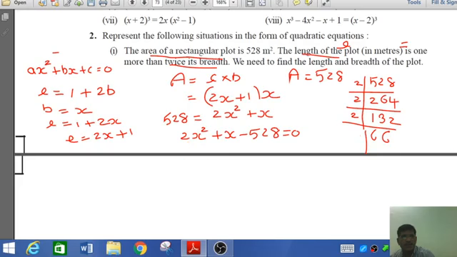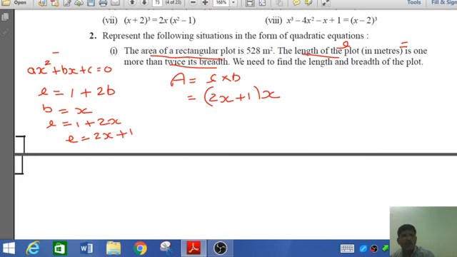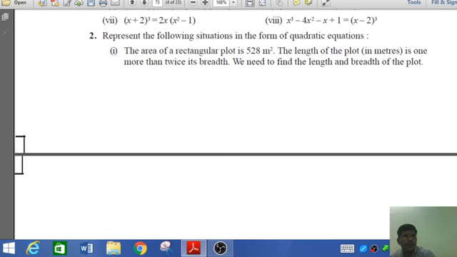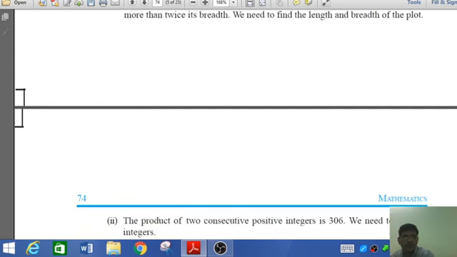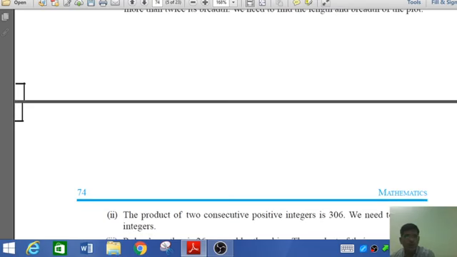Again it is one type of equation, and we have to convert everything into an equation and then solve it. The next question is: product of two consecutive positive integers. Product means multiplication.